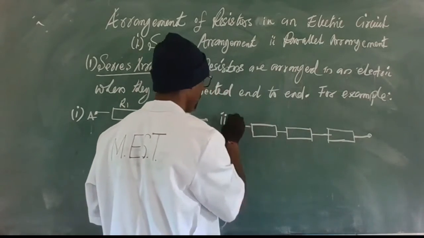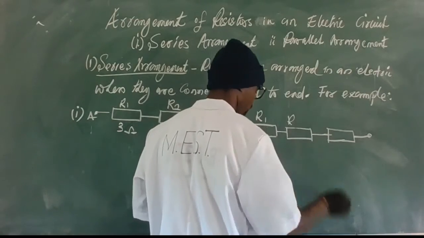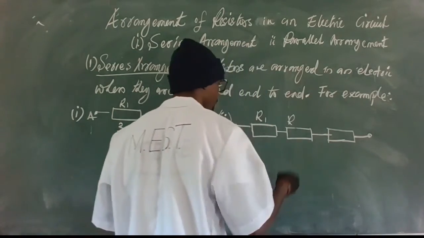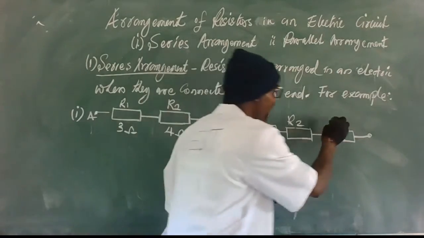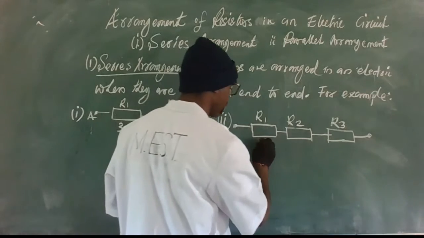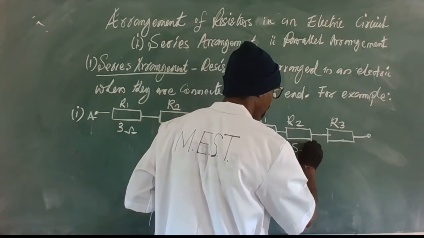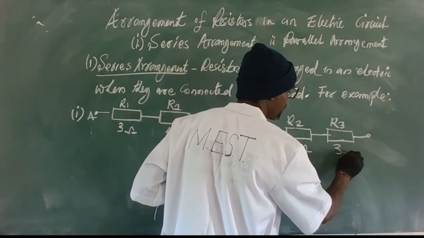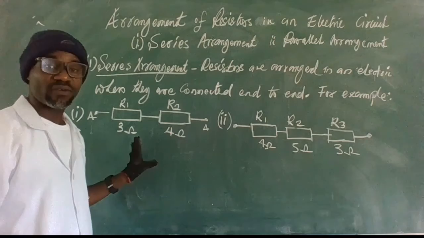Here we have R1, R2, and then R3, with various resistances, maybe 4 ohms, 5 ohms, and probably 3 ohms. Look at this, very simple.